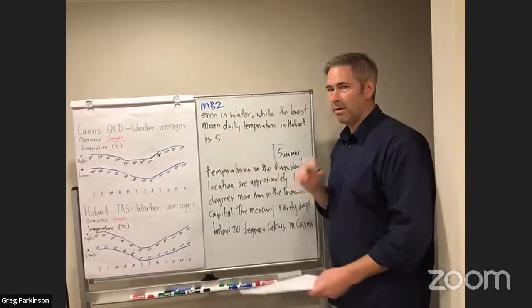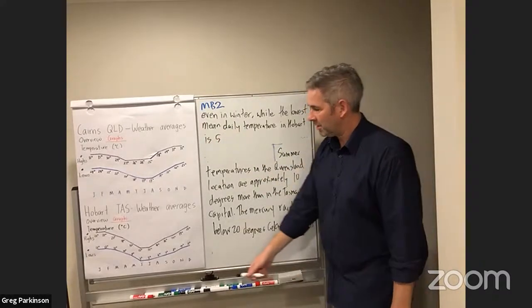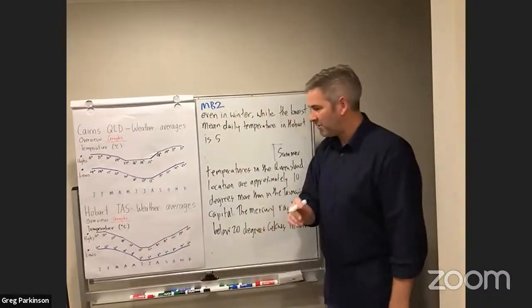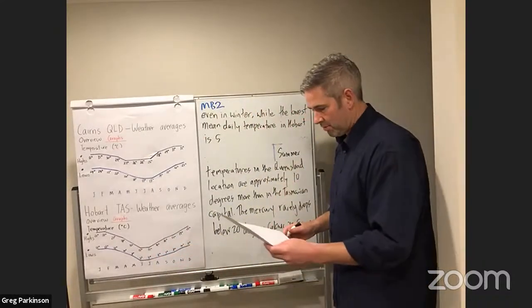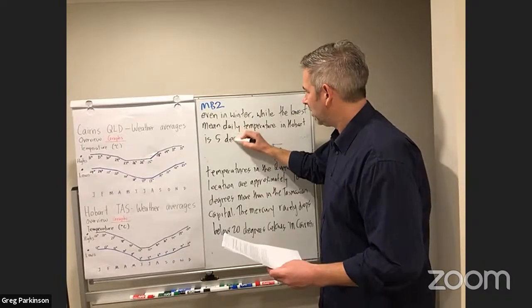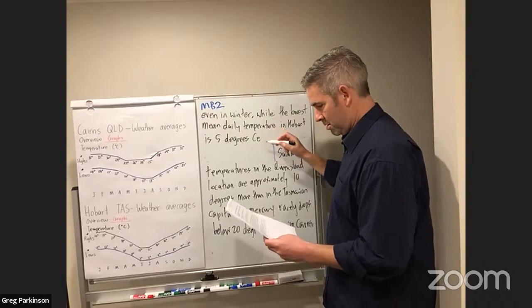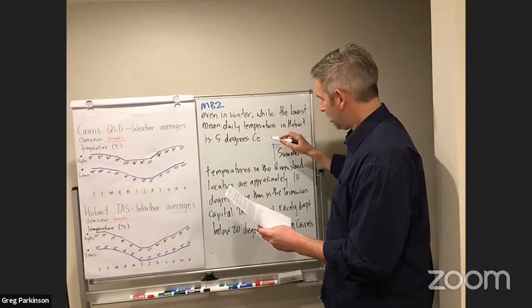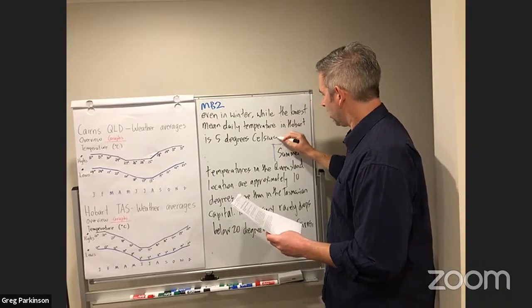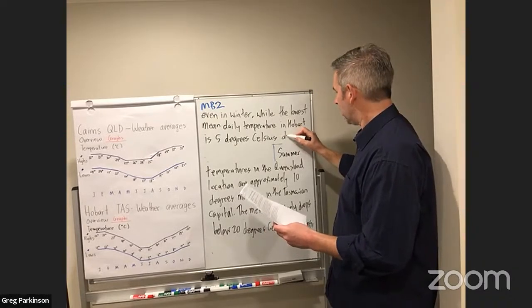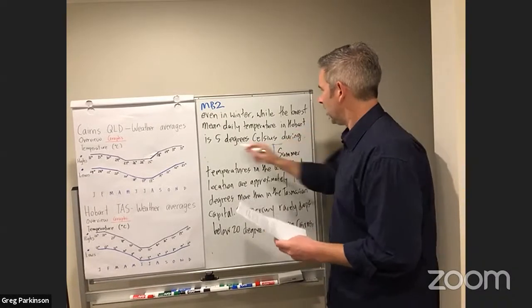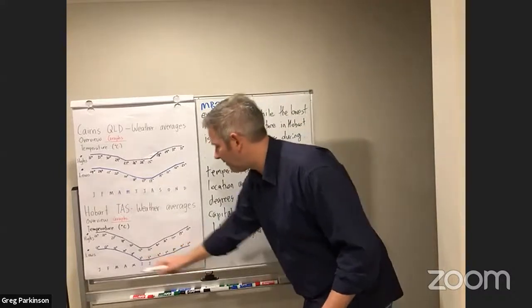So this is an obvious comparison to make, right? Hobart in winter, 5 degrees, 6 degrees, very cold. Well, I think that's cold. And I'm just highlighting the months where it's 5 degrees.